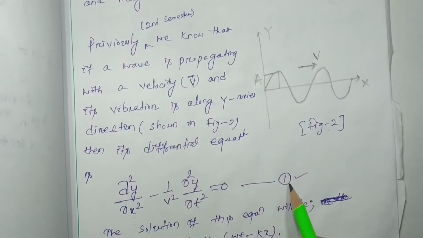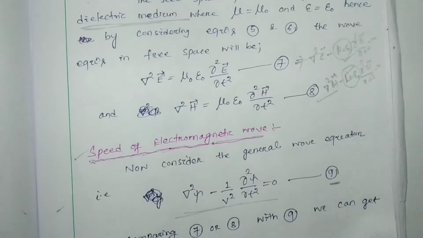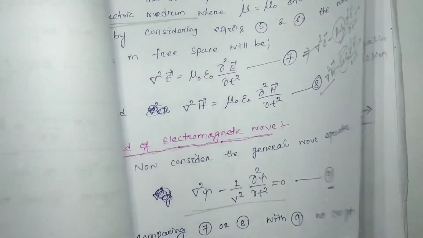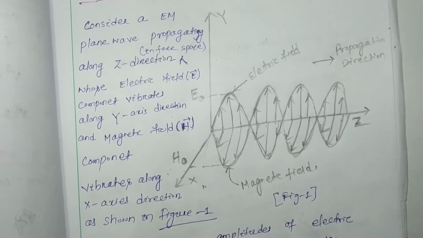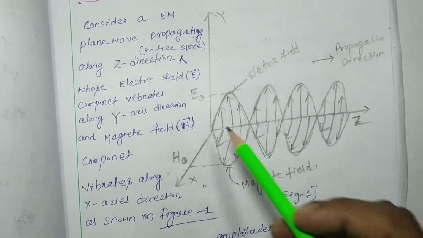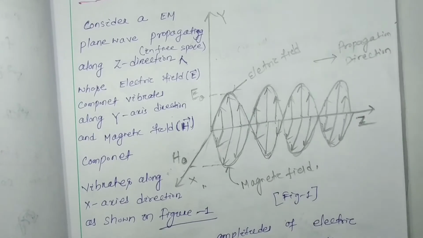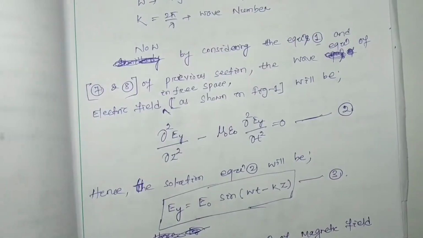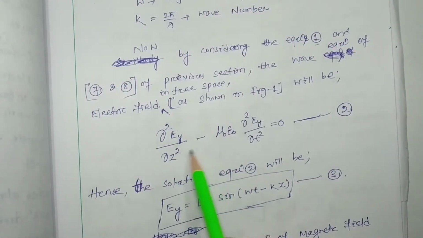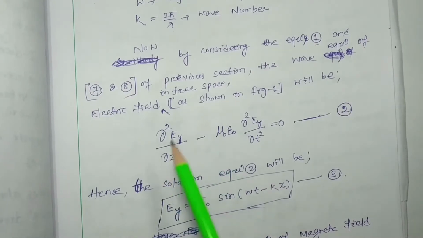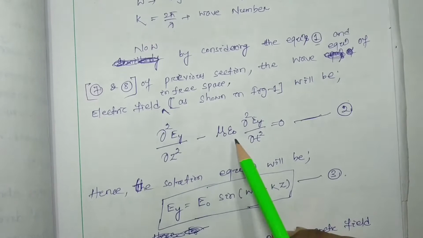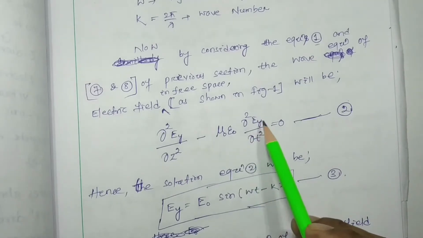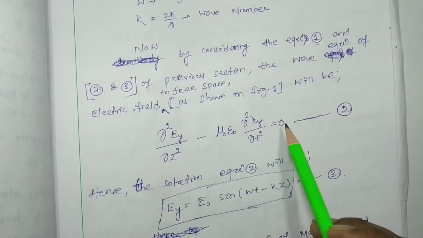So if we consider the electric field vibration along the y-axis but propagation along the z-axis, then by comparing equation number 1 and the previous equations 7 and 8, for this figure the electric field propagation can be represented with the differential equation del square Ey by del z square minus mu 0 epsilon 0 del square Ey by del t square equal to 0.